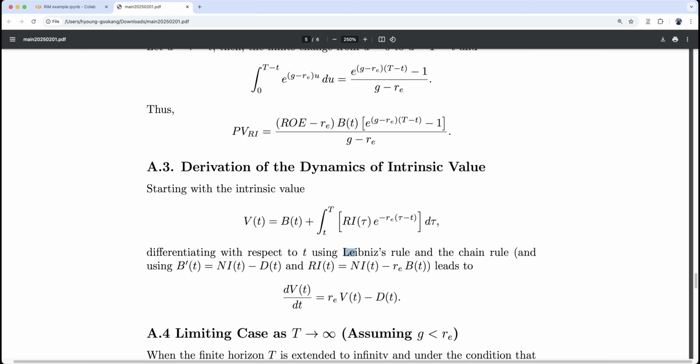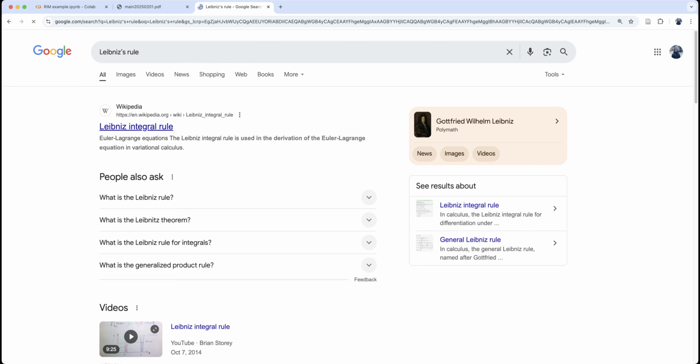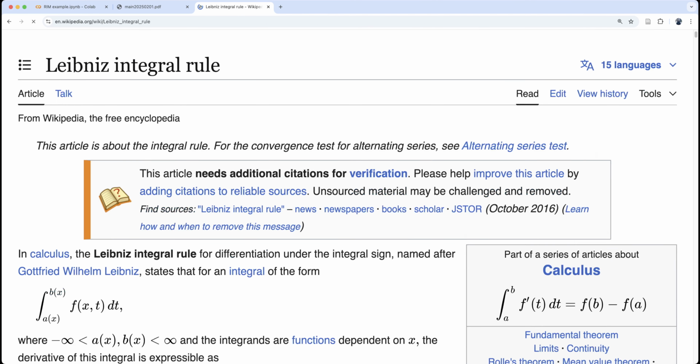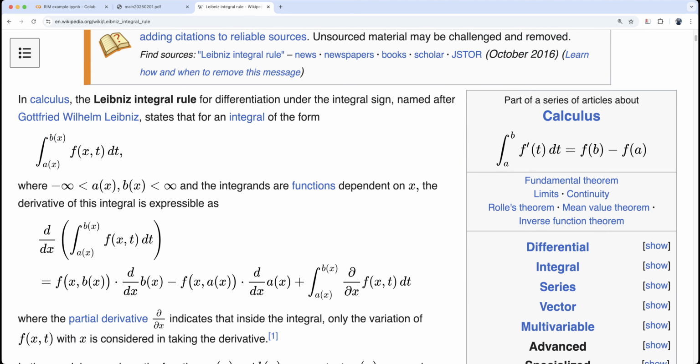Okay, actually it is a good idea to take a look at the Leibniz rule. Leibniz integration rule. This is important. In calculus, Leibniz rule for differentiation under the integral sign, named after Gottfried Wilhelm Leibniz, states the following. Suppose we want to integrate a function f(x, t) with respect to t, but this entire integral is a function of x, right?